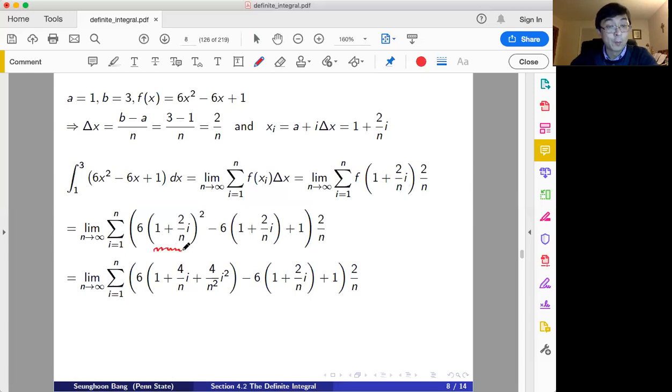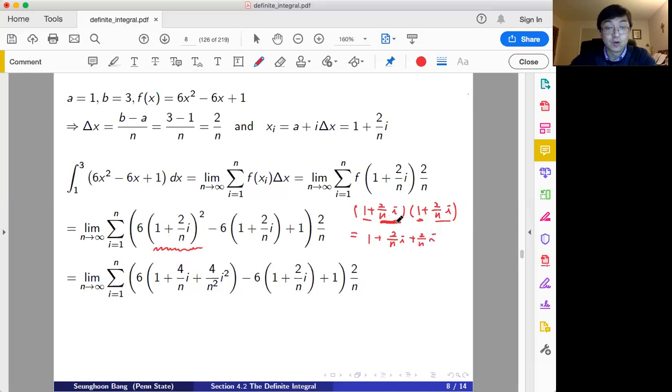What is 1 plus 2 over n i, squared? You can use the FOIL rule: 1 plus 2 over n i times 1 plus 2 over n i. 1 times 1 is 1. 1 times 2 over n i is 2 over n i. 2 over n i times 1 is 2 over n i.